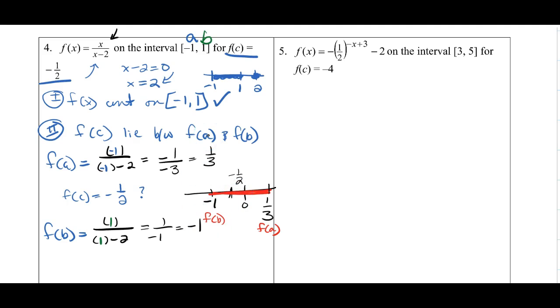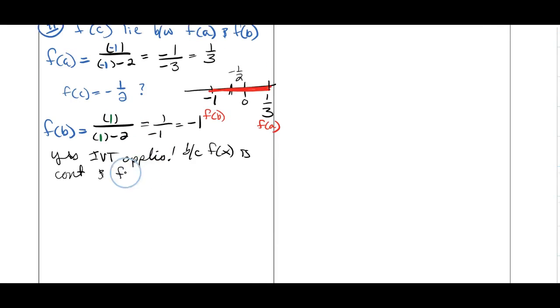So yes, IVT applies, because f of x is continuous, and f of C lies between f of A and f of B. So we've now completed our first two steps.